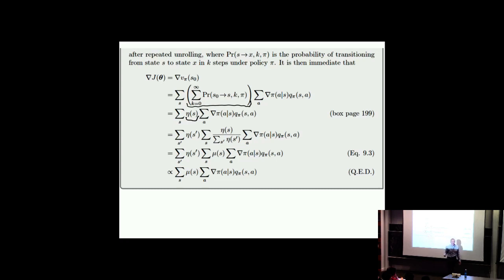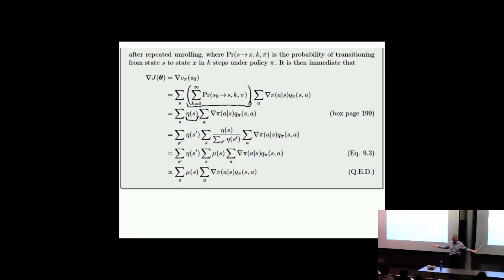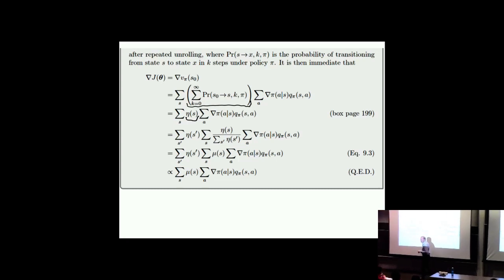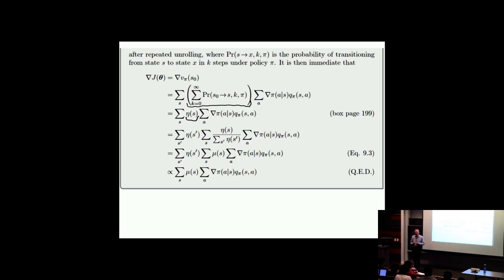It depends on the state distribution, but we will sample the state distribution by following the policy pi. And under the normal rules of stochastic gradient descent, this will give us the magic that we need to have an algorithm. So that's why it's important that this, even though it depends on the distribution, does not depend on the derivative, the gradient of the distribution.